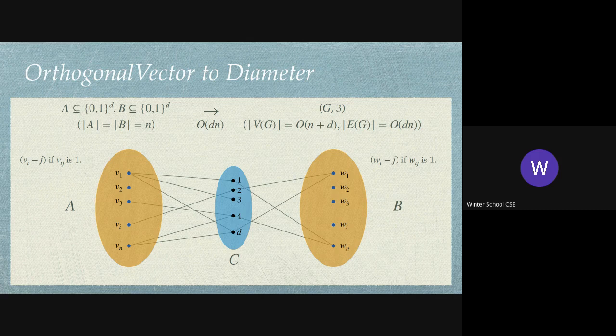This is the instance of the diameter problem. What we are going to show now is that if there exists a pair of orthogonal vectors here, then the diameter of G will be 3.